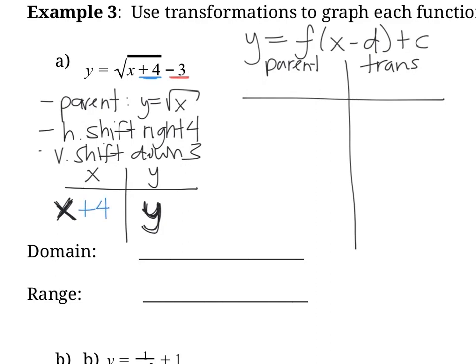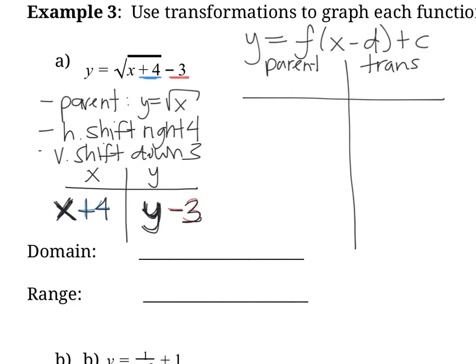And now take a look at this 3. We know that it affects the vertical shift, and it's shifting them down 3. So vertical means y values, and every single y value is going to be shifted down 3. So we have this new formula. We have all of our x values, we're going to add 4 to them, and all of our y values, we're going to subtract 3 from them.